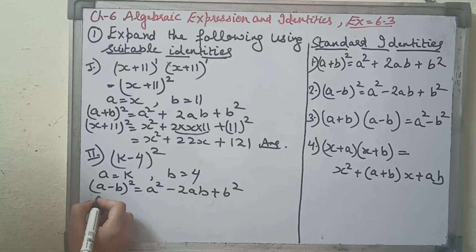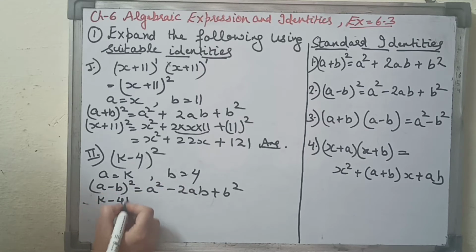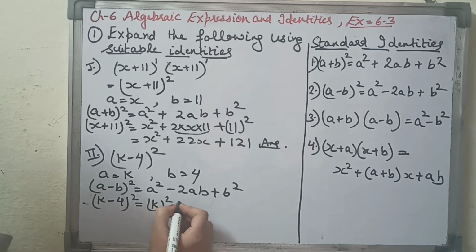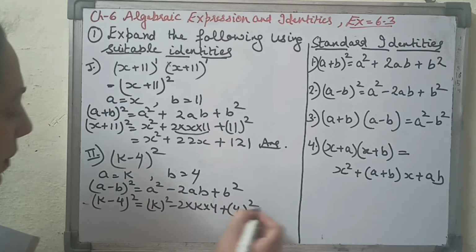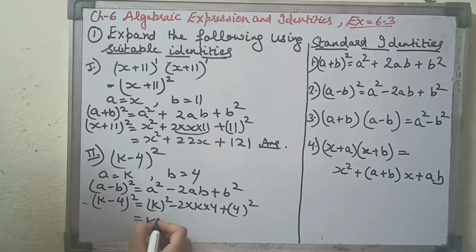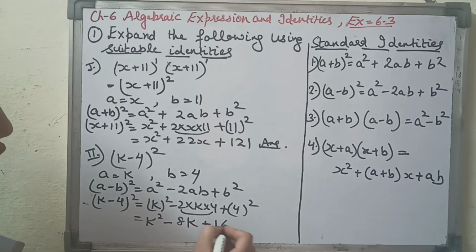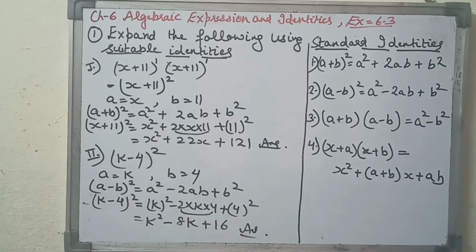Now put the value here. A I have taken here k, and b it is 4. (k minus 4) whole square is equal to k square minus 2 into k into 4 plus 4 square, right? K square minus 2 4s are 8k plus 4 4s are 16. This is the answer.